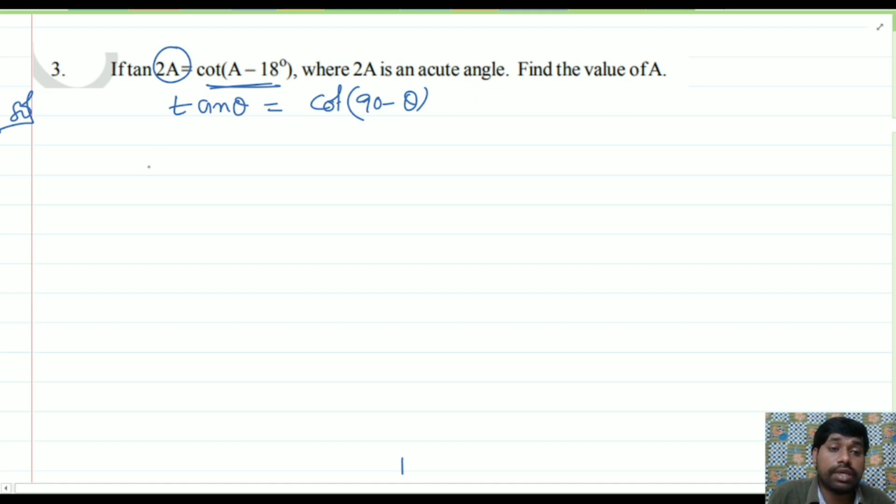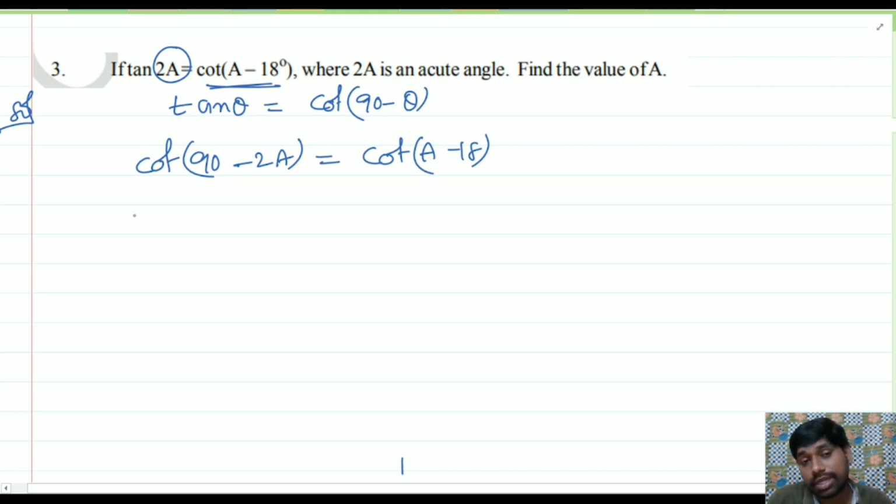So tan 2a can be written as cot 90 minus 2a, equals cot a minus 18. If two trigonometric ratios are equal, their angles are also equal, as we proved in the first exercise.